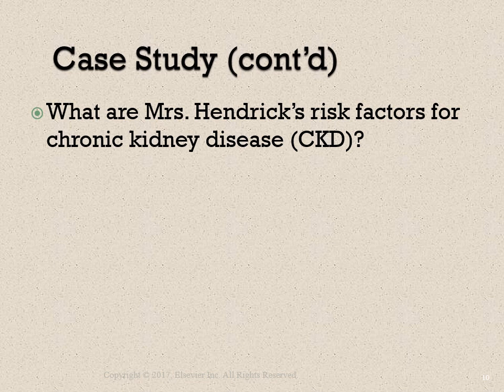That's a risk factor. Her hypertension, the fact that she's a smoker. Remember, smoking causes vasoconstriction, and that's only going to make her hypertension worse. And then she has a problem with her GFR, so that's a risk factor. Her GFR is quite low, like we mentioned in the previous slide. So these are all different risk factors and problems going on with Mrs. Hendricks.